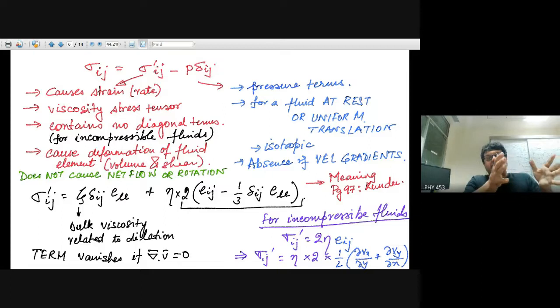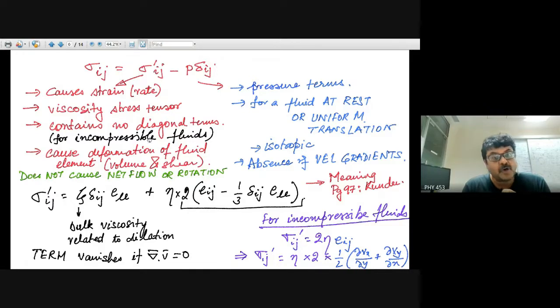If the entire fluid is moving as a bulk, without any relative motion, then you are not going to see sigma dash ij. So sigma ij is being broken down into two parts, one part which appears only when there is relative motion, which causes strain rate. It's called the viscosity stress tensor.